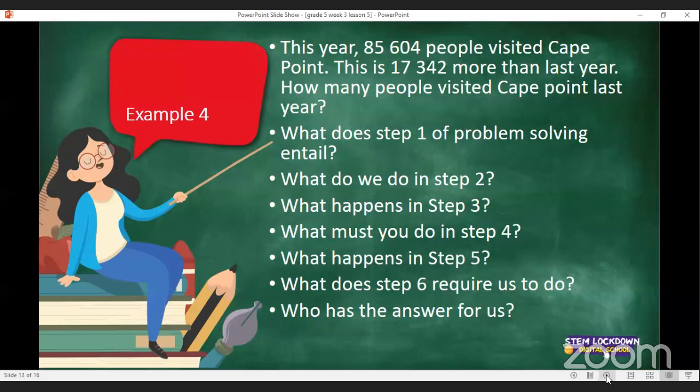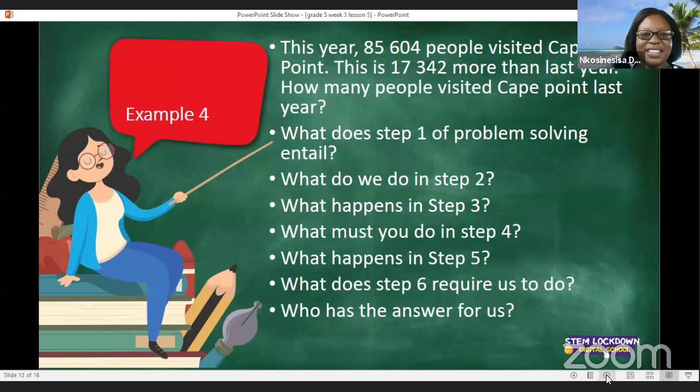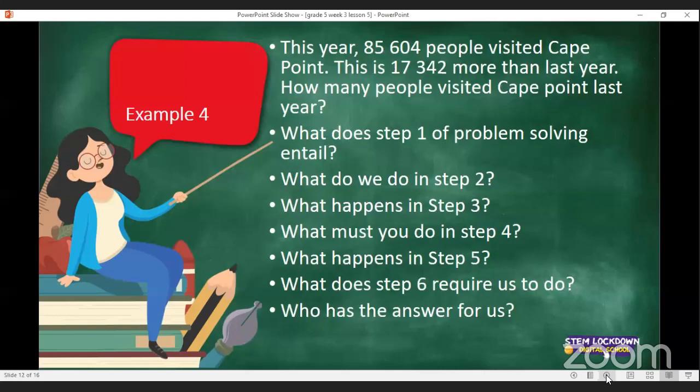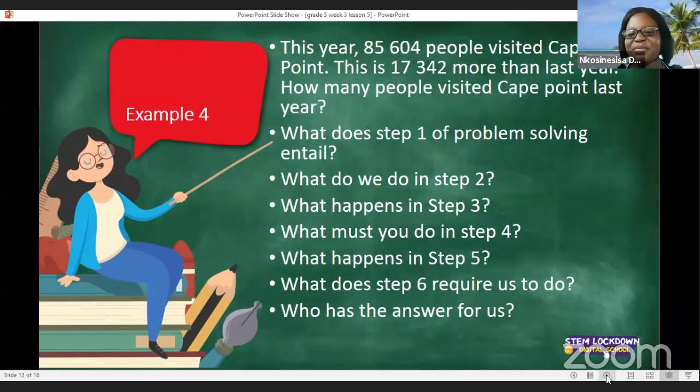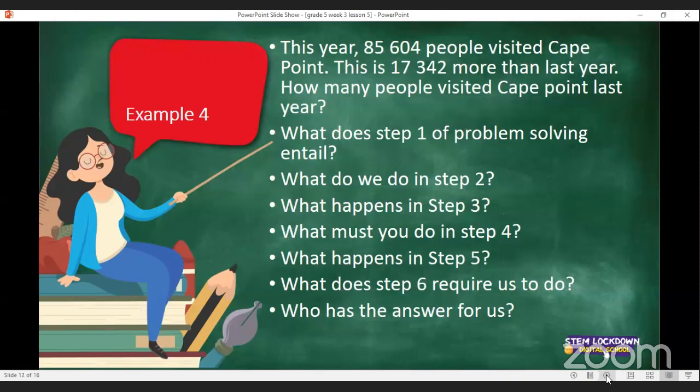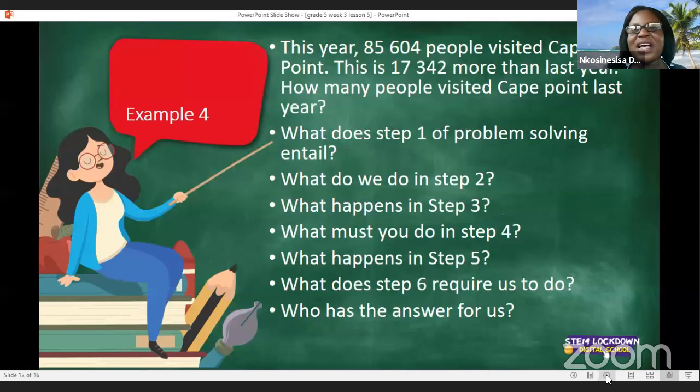Is that step 1? Step one of problem solving. Okay, can we have someone else? Thank you, Takuza, for trying. At the end, yes, we're going to work out everything.